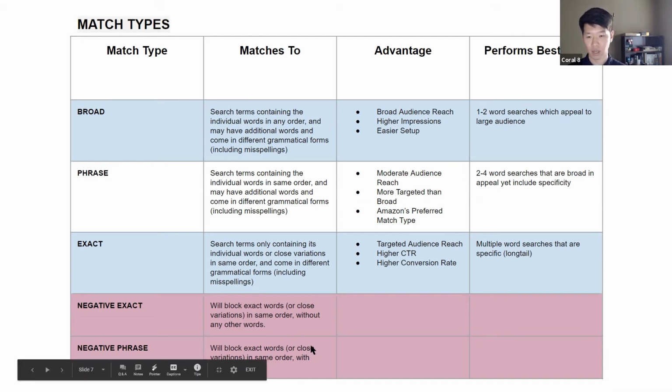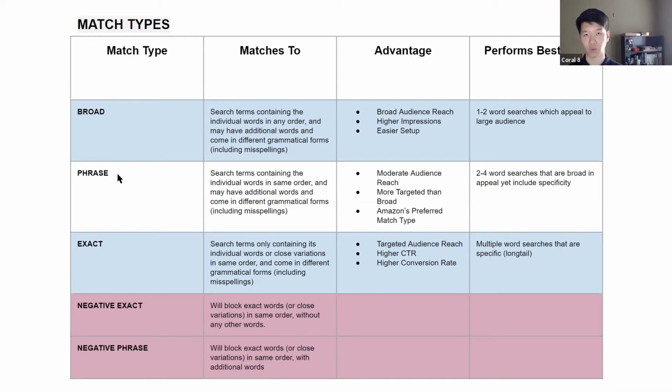A negative phrase is basically the flip of the phrase match, where it can match to a customer search term with the rules of phrase match, but it blocks out the advertising for the keyword that you added for negative phrase match.